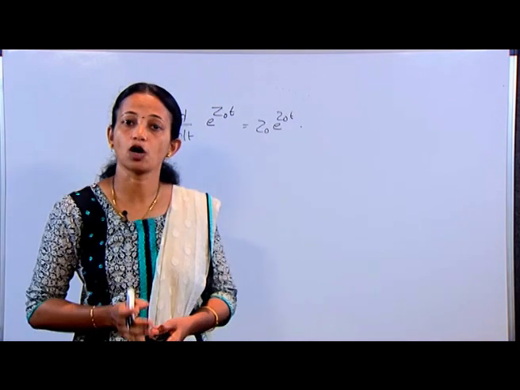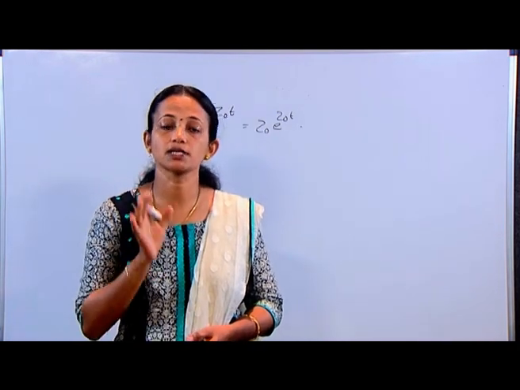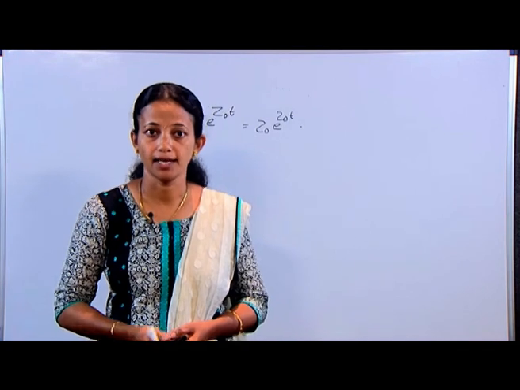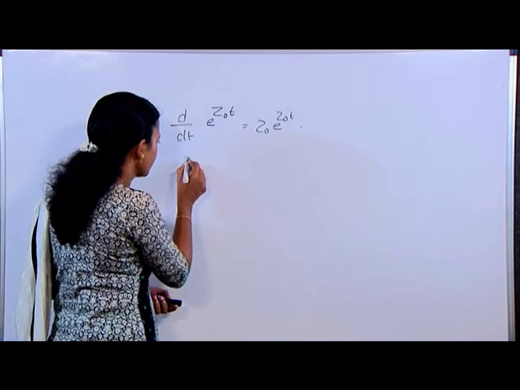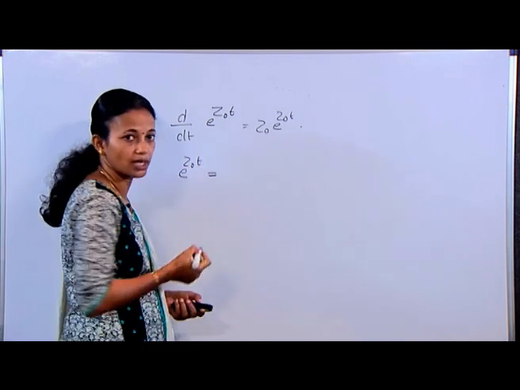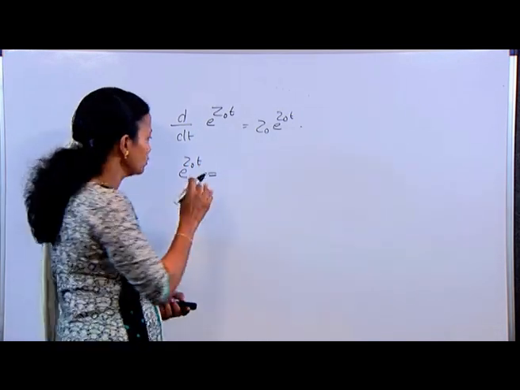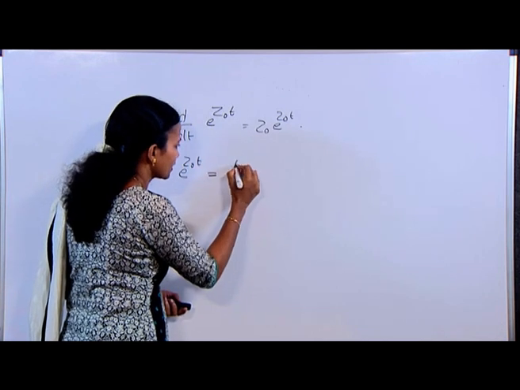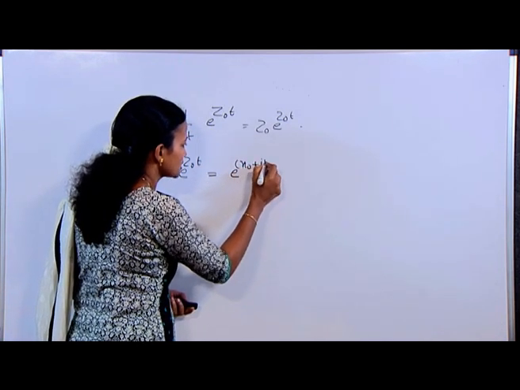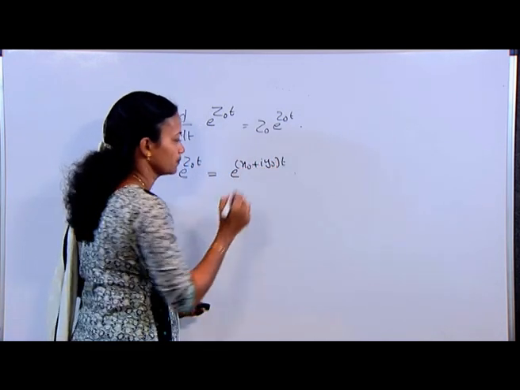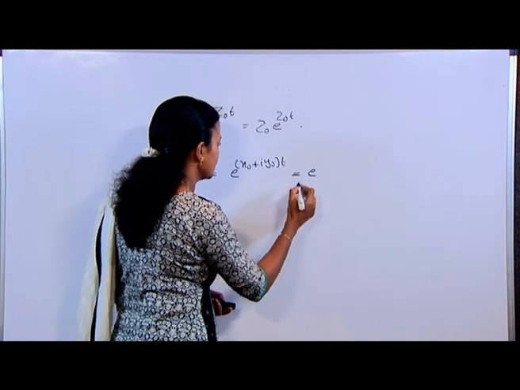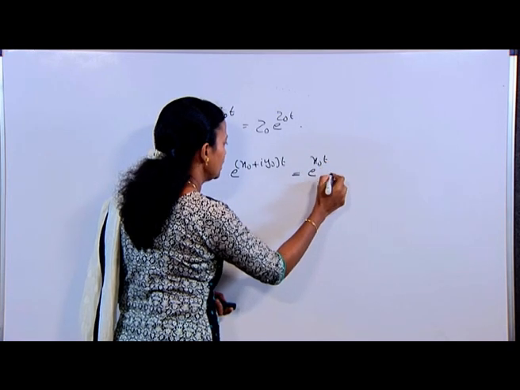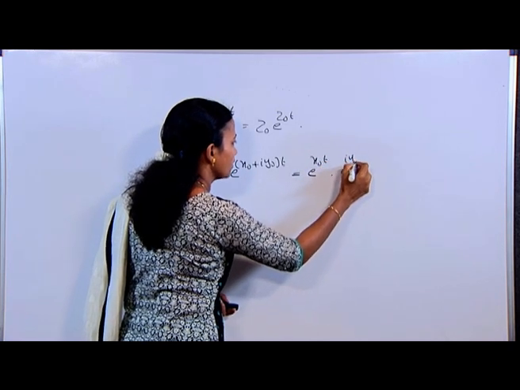Let the fixed complex number be z0 equal to x0 plus i y0. Then e^(z0 t) can be written as e raised to (x0 plus i y0) into t, which we can split as e^(x0 t) into e^(i y0 t).